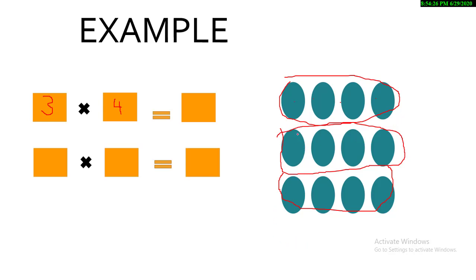Let's count the balls. 1 2 3 4 5 6 7 8 9 10 11 12. What will be your answer? 12. And as I know the tables, because I'm your maths teacher, I know 3 4s are 12. That's a correct answer. It means I counted the balls correctly.